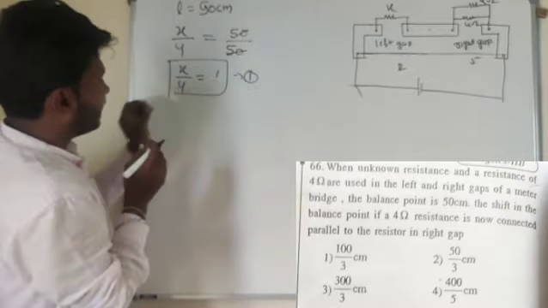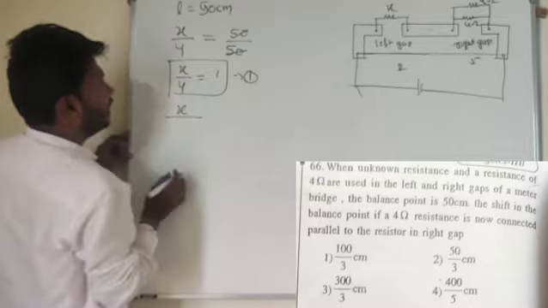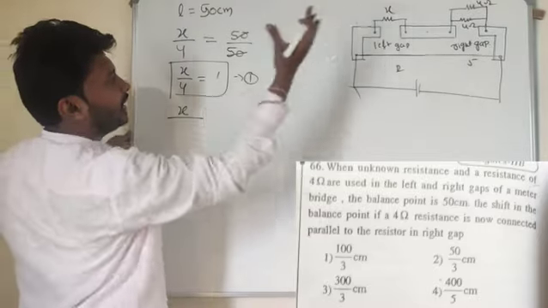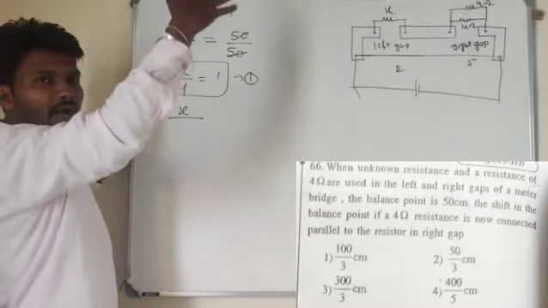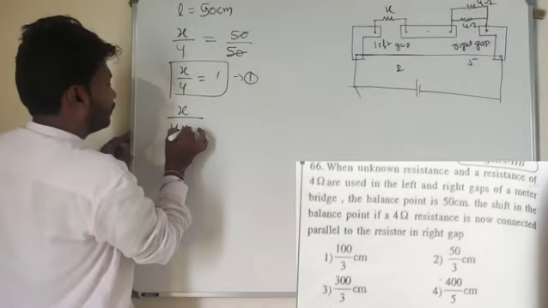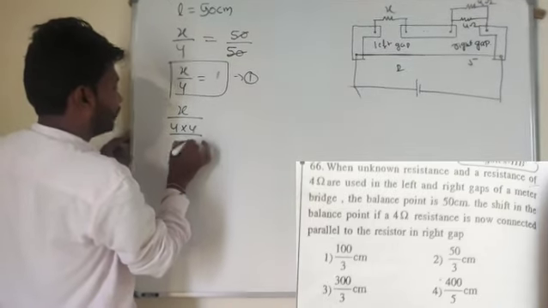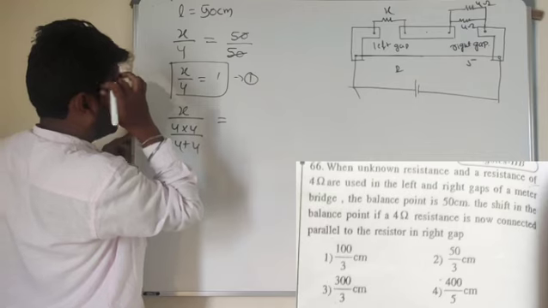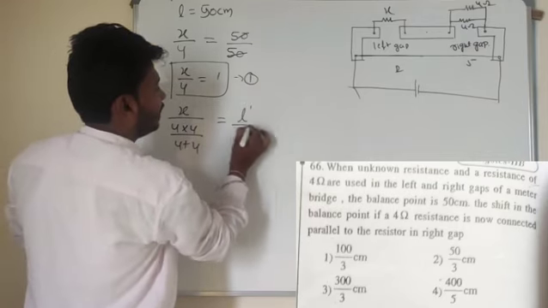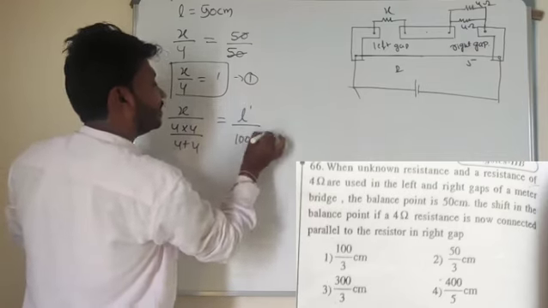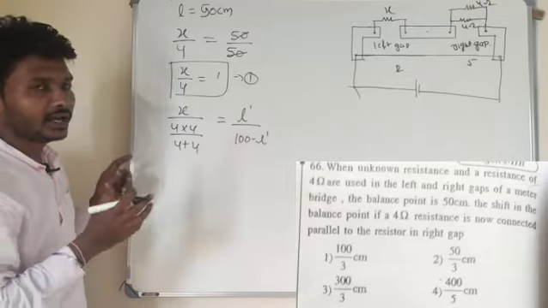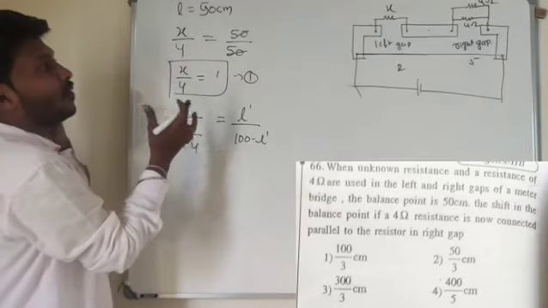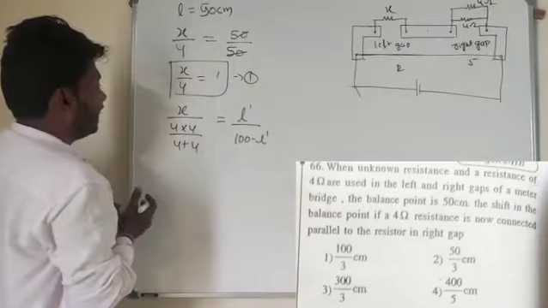Now in the second case, on the left side X is there. On the right side, 4 ohm and 4 ohm are in parallel combination. 4 into 4 divided by 4 plus 4 is equal to L dash divided by 100 minus L dash here. Okay. Now let me find out the value of the balancing length here.